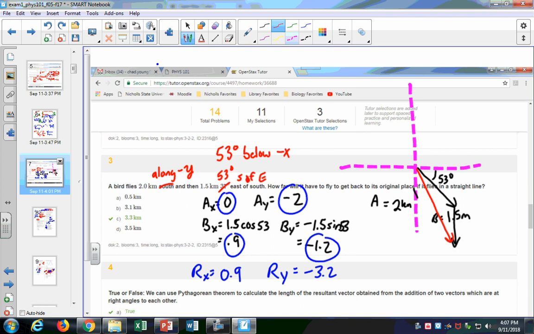That's fine, it came out okay. But if I'd asked you for an angle, you really got the wrong answer. So you were just drawing it up in the first quadrant instead of the third. Because you made both AY and BY positive, right? So you're either doing -2 minus 1.2 or 2 plus 1.2, and they both give you the same y component of R. So you got the right answer.